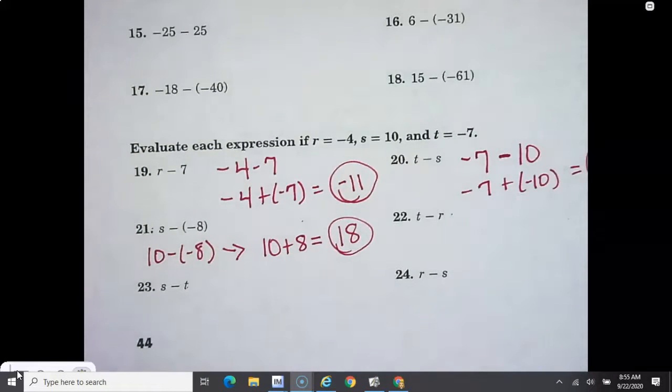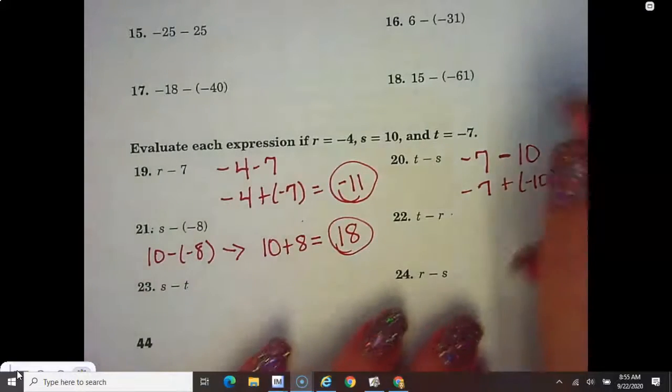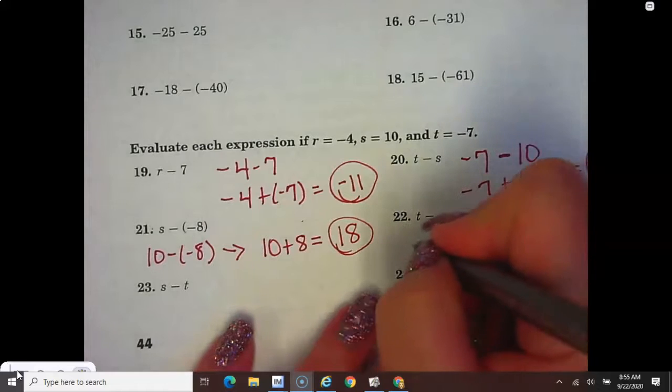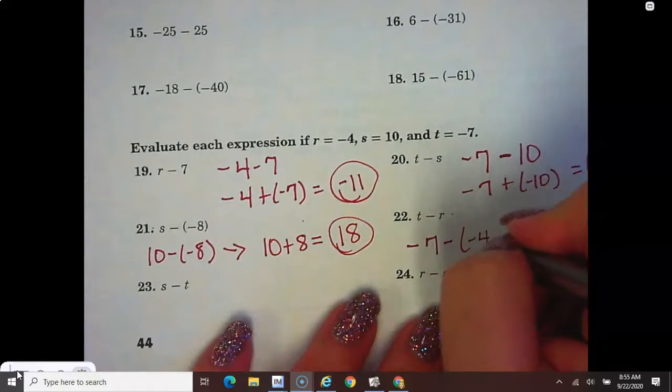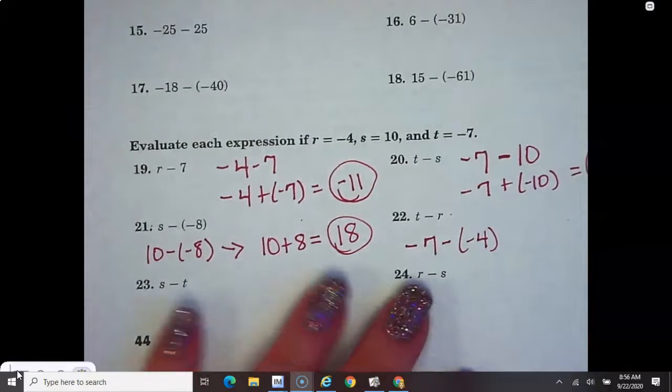Try rewriting number 22, t minus r. Be careful when you rewrite it. t minus r. How do we rewrite that?